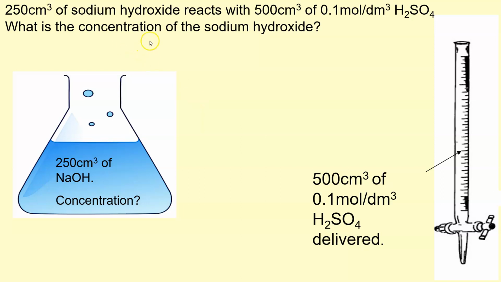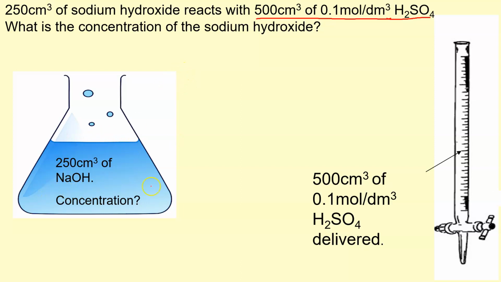250 centimeters cubed of sodium hydroxide reacts with 500 centimeters cubed of 0.1 mole per decimeter cubed sulfuric acid. Now, we can see in the question, the one which we know a volume and a concentration for is the sulfuric acid. What we don't know is the concentration of the sodium hydroxide.